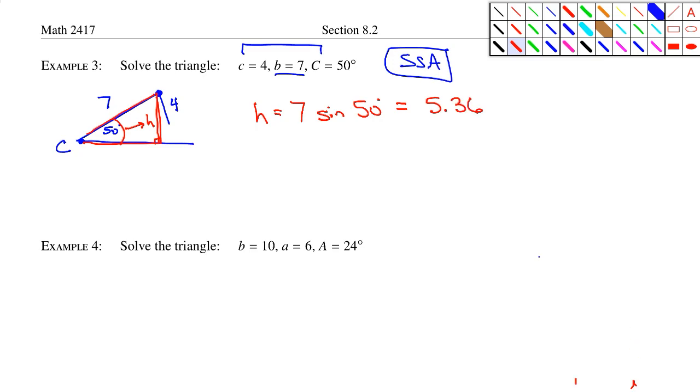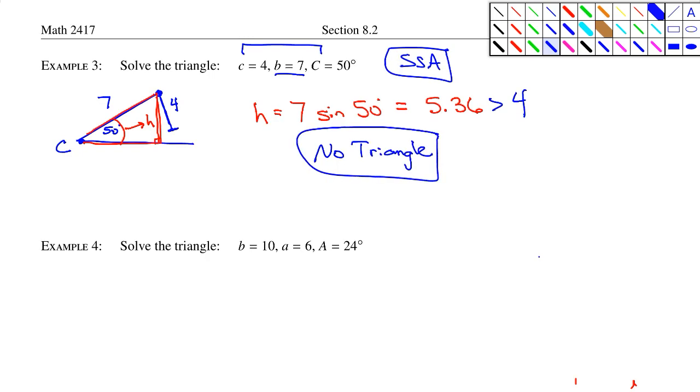And therefore, the 4 doesn't quite make it down to the ray on the bottom. So this is greater than 4, and that's no triangle. So side c is just not long enough to reach down to form a triangle, and so we get no triangle.